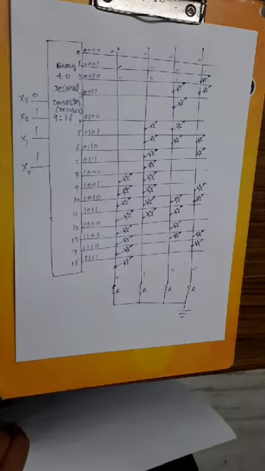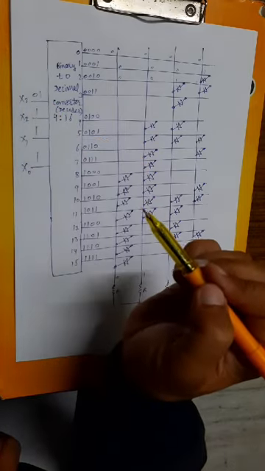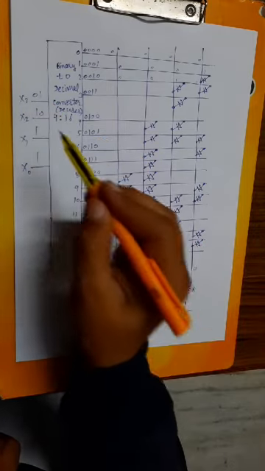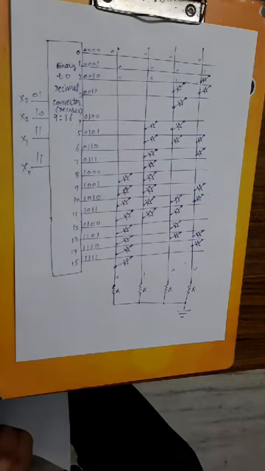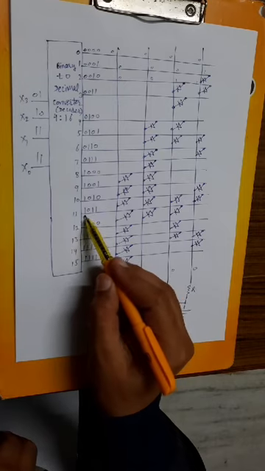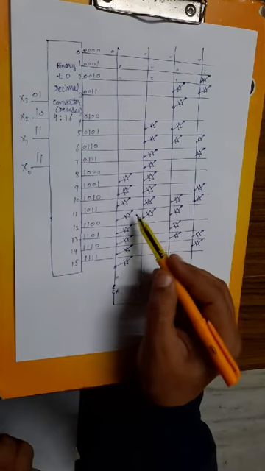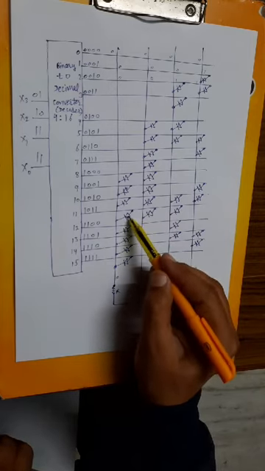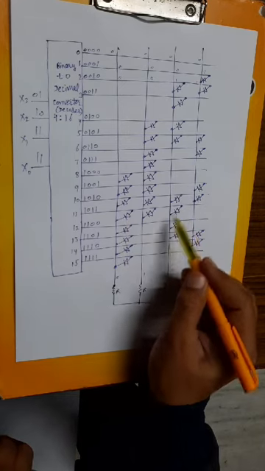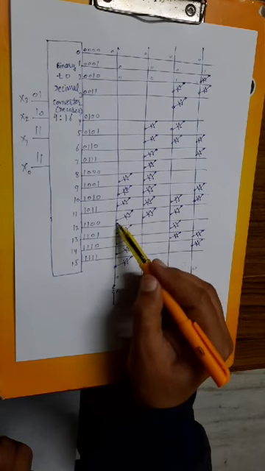Let us consider another example. If the combination is 1 0 1 1, then which line will be the activated line? This 11. This 11 is the activated line. Then all these diodes, because the potential is higher on the P side of these diodes, will be in forward bias. It means this row line is connected to this column line.